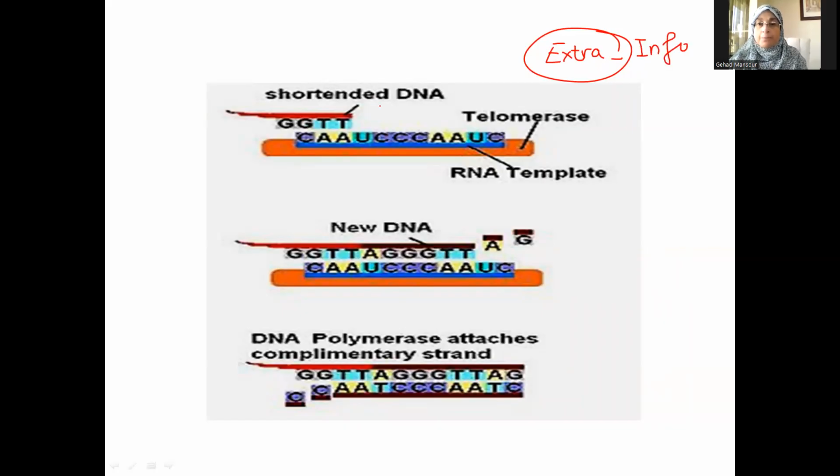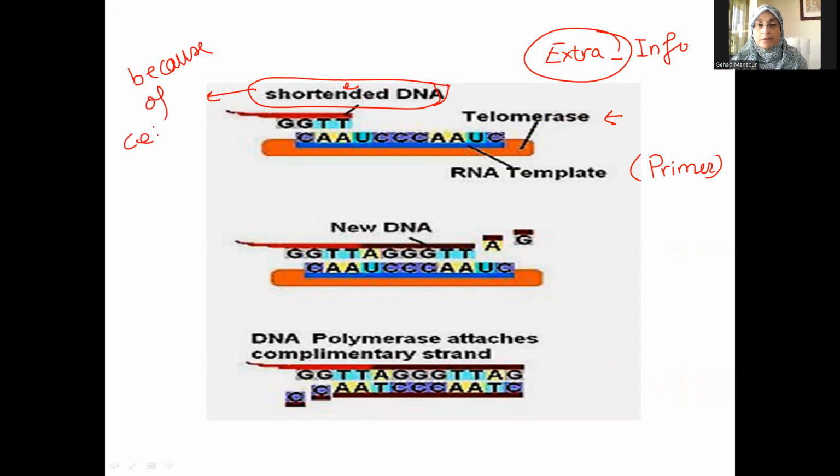Here you have the telomerase enzyme, and then here we have an RNA template, which is the primer. And here there is the shortened DNA. Why is it shortened? Because of cell division. Because of cell division, and during the process of cell division, there are enzymes that break it down.